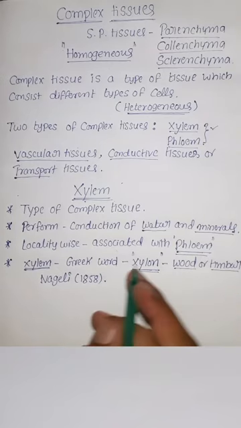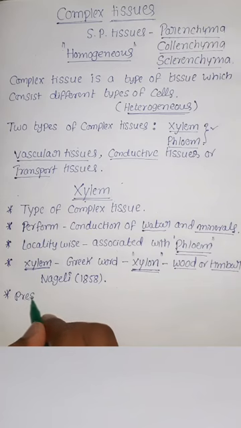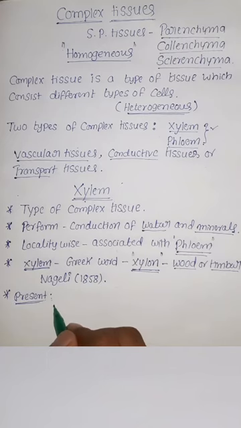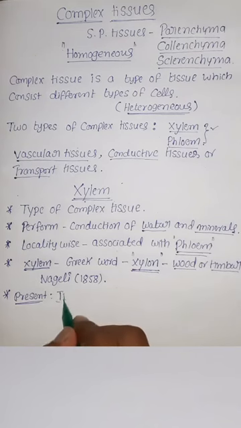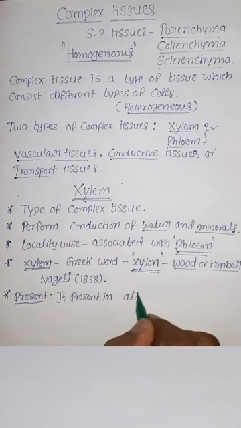Next, where it is present, means in which type of plants it is present and in which it is absent. That we will see. It is present in all land plants.